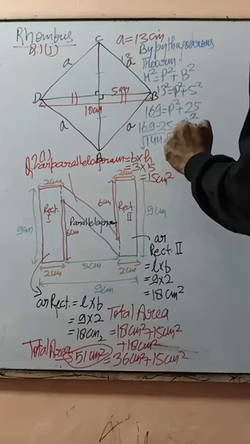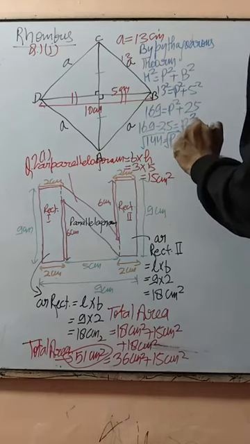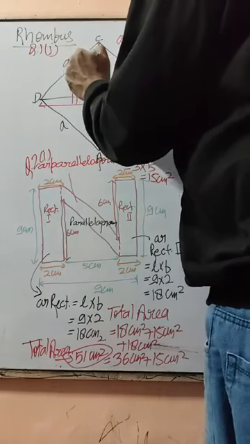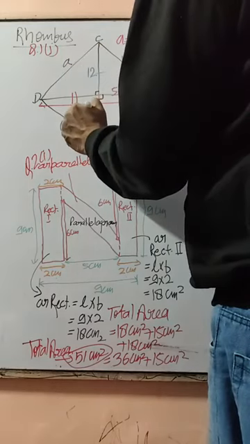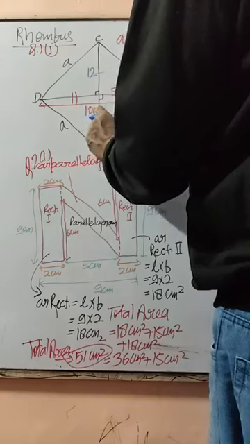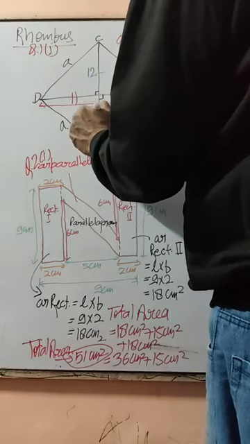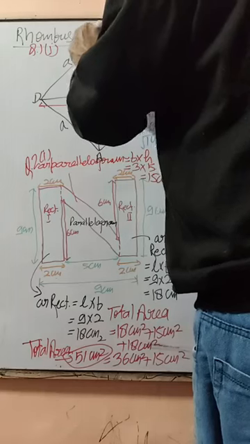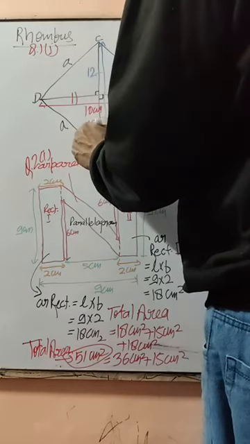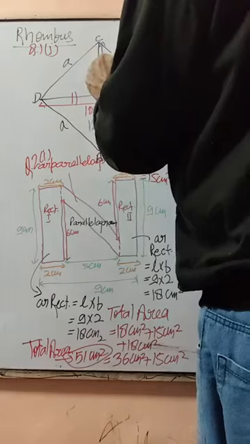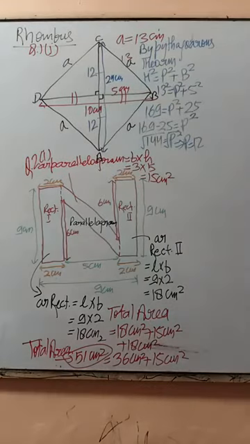So we have p is equal to 12. So this is 12, and this will also be 12. So this whole diagonal is 24 centimeter. Right? Yes, sir.